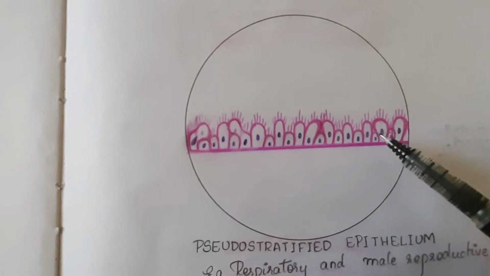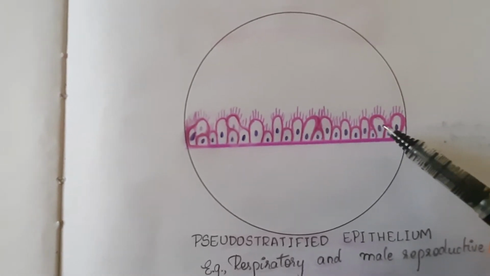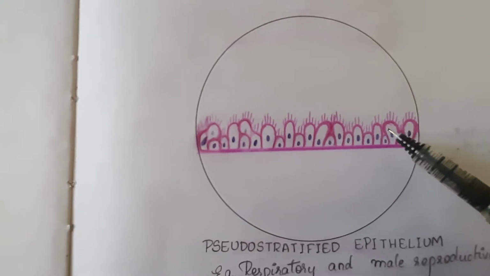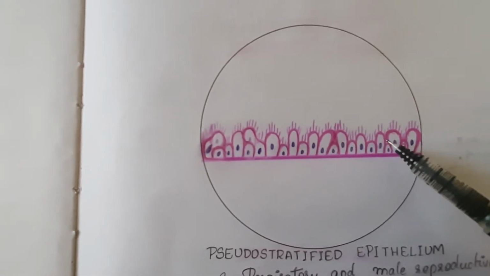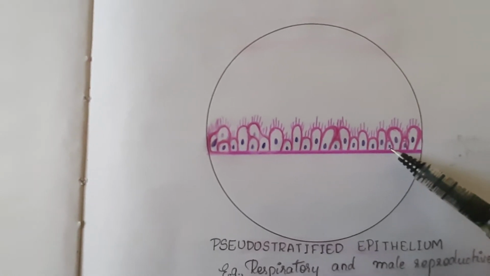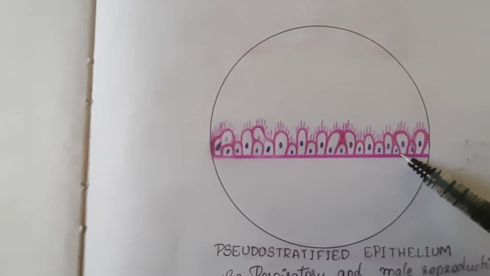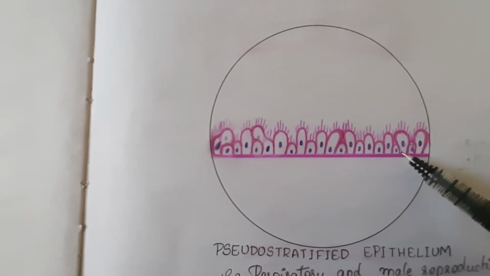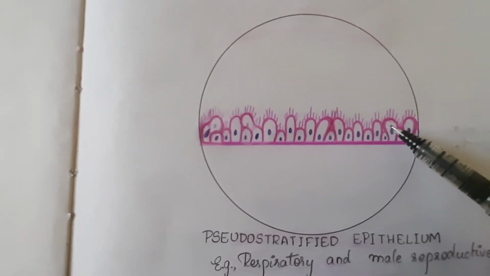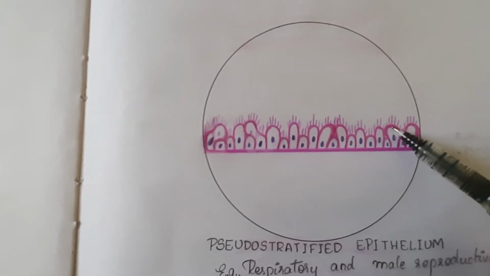Here, observe this particular part: the apex of the taller cells is pressing on the apex of the shorter cells, and the nucleus is pushed towards the basement membrane. At the same time, the bases of the short cells are pushing the bases of the tall cells, and the nucleus is pushed towards the apex.